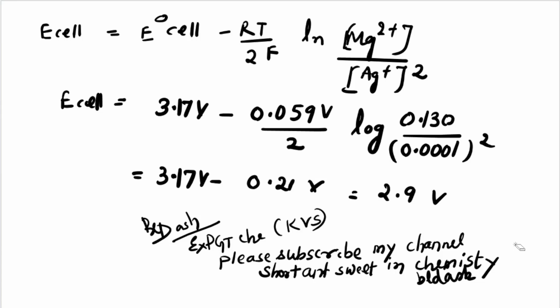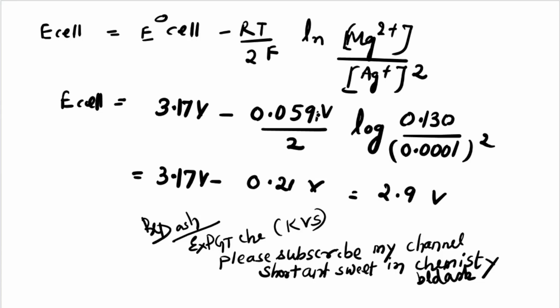I told you also that instead of RT by F, we can put 0.0591, and here n equals 2. So this is the Nernst equation: E cell equals E0 cell minus RT by 2F ln of Mg2 plus concentration by Ag plus concentration.